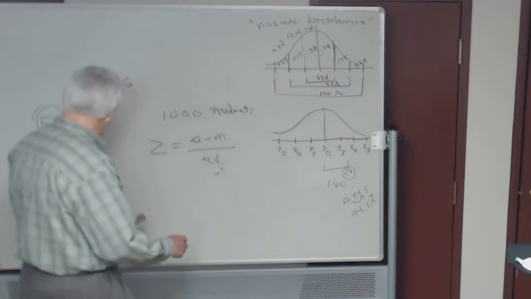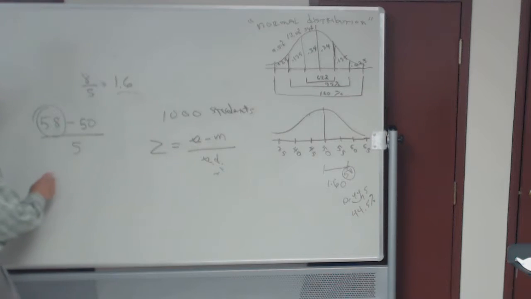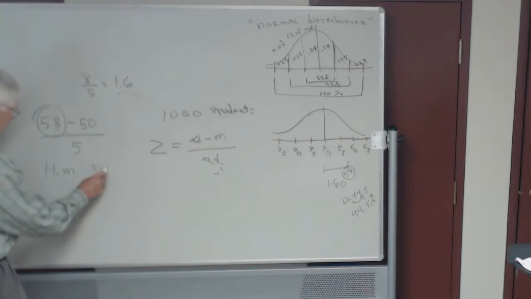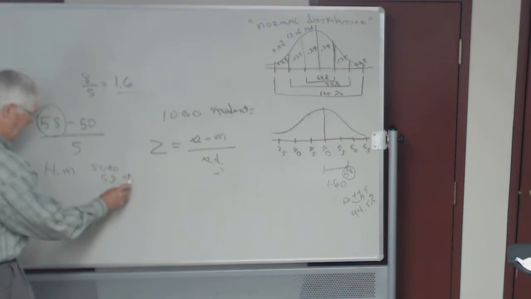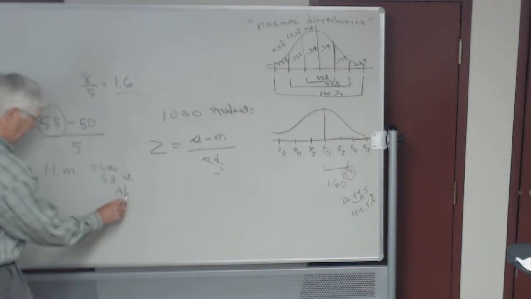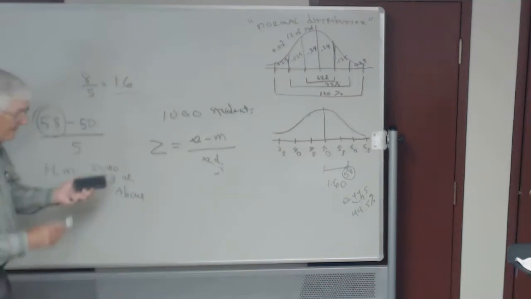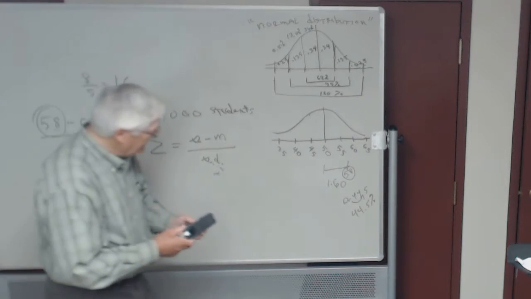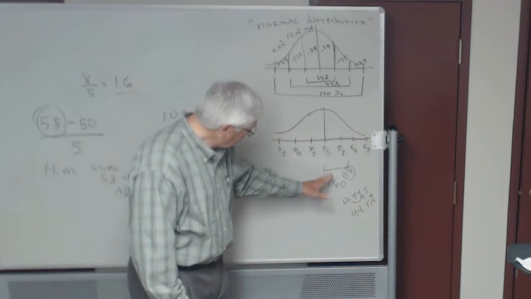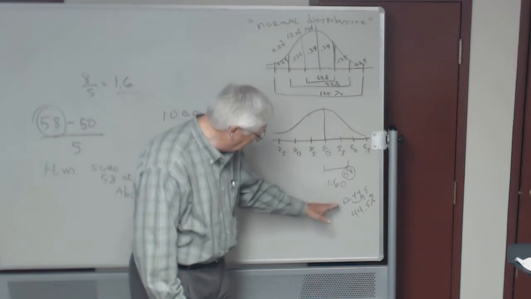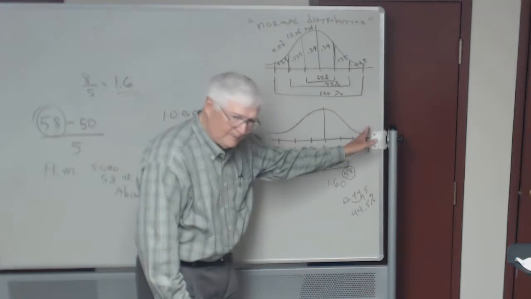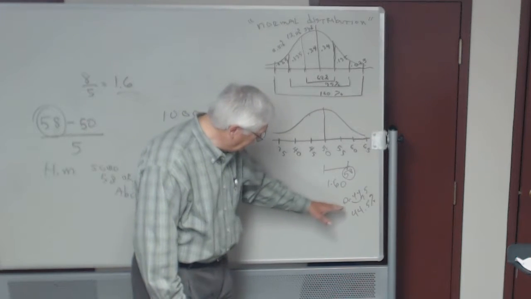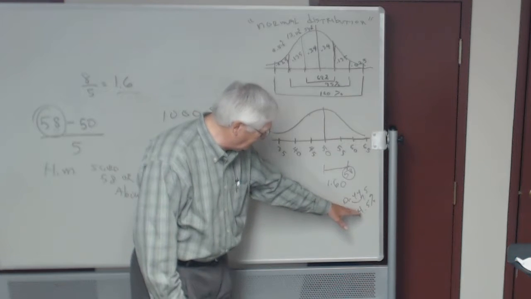But if I said how many students scored above 58, then you understand? That would be the rest of it from here on up, which would be 50% minus the 44.5.